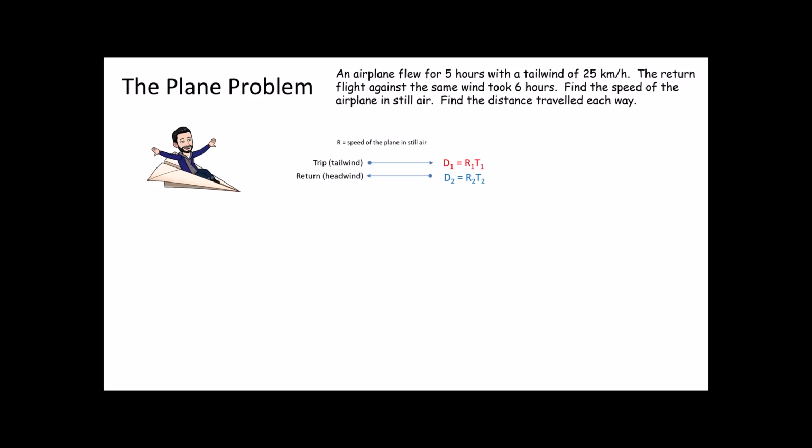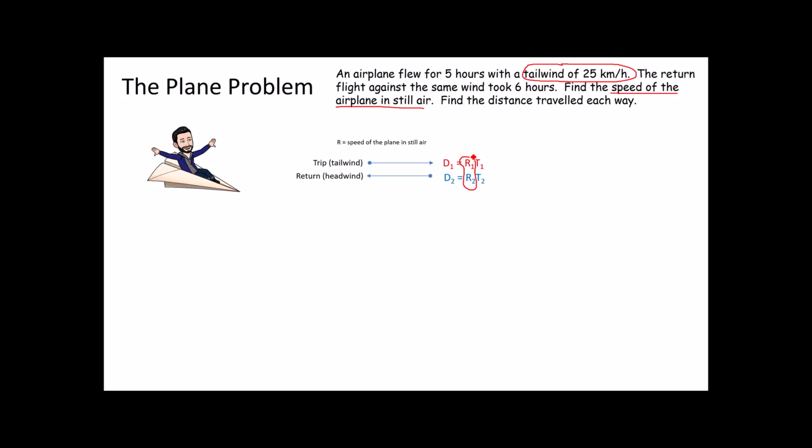And just like before, I'm going to start with my distance, rate, time equation. But what we have to understand in this problem is that my rate of speed is not what's given to me in the problem. According to the problem, I don't know my rate of speed, but in both cases, the wind is altering that speed by 25 kilometers per hour.